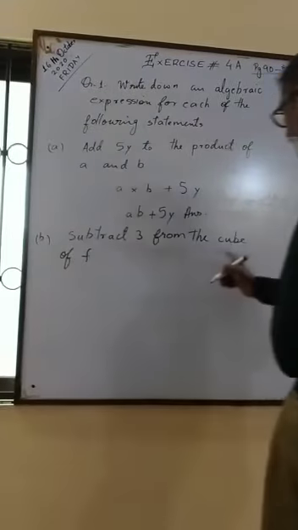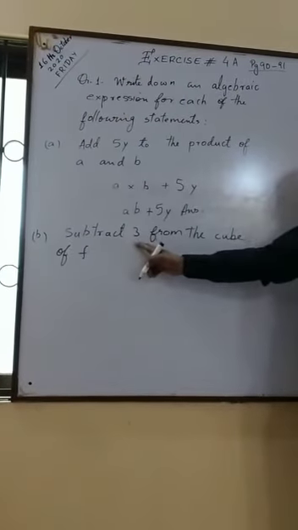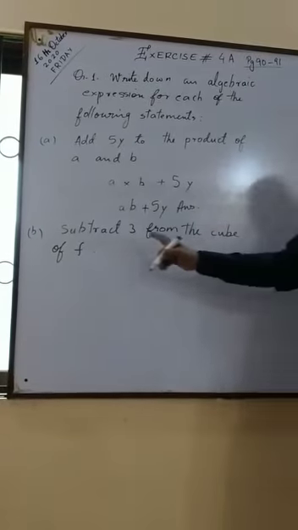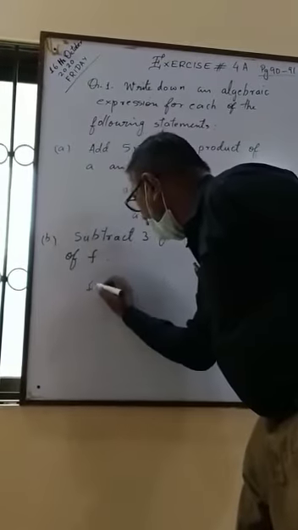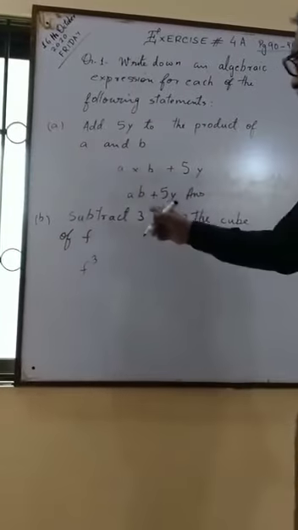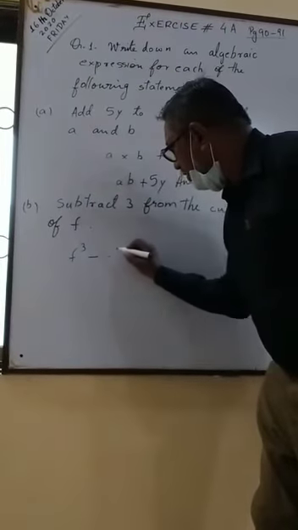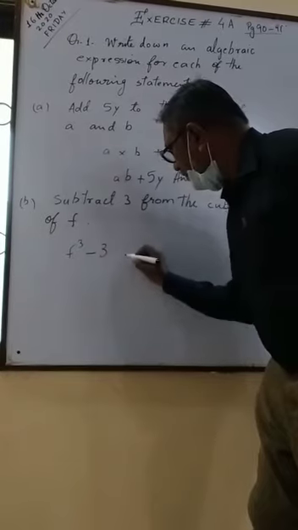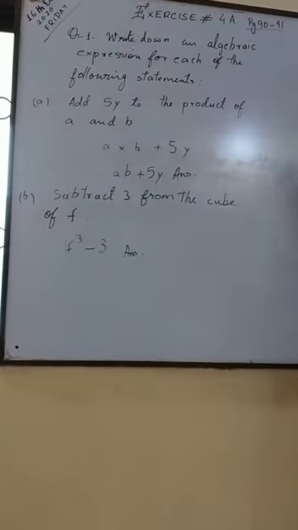Now, first thing, it says we have to subtract 3 from the cube of f. So, cube of f is f cubed. And when you are subtracting 3, it means you have to write minus over here and then 3. This is the required algebraic expression.